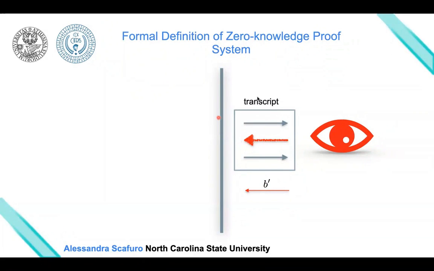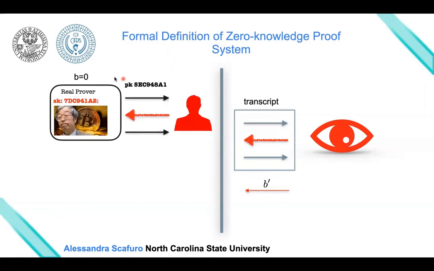Okay. Now, on the other side of this line, there is going to be a bit. That is going to be a challenger. And if the bit is 0, the transcript was computed by Nakamoto, by the real prover, using the real secret associated to the public key.